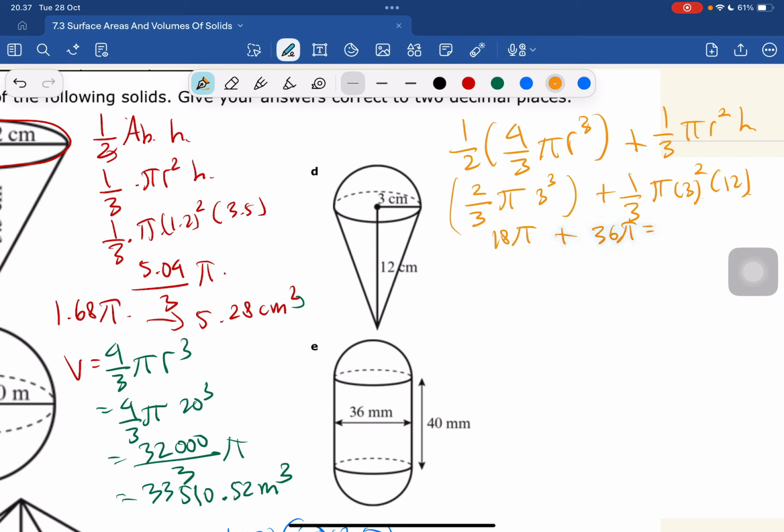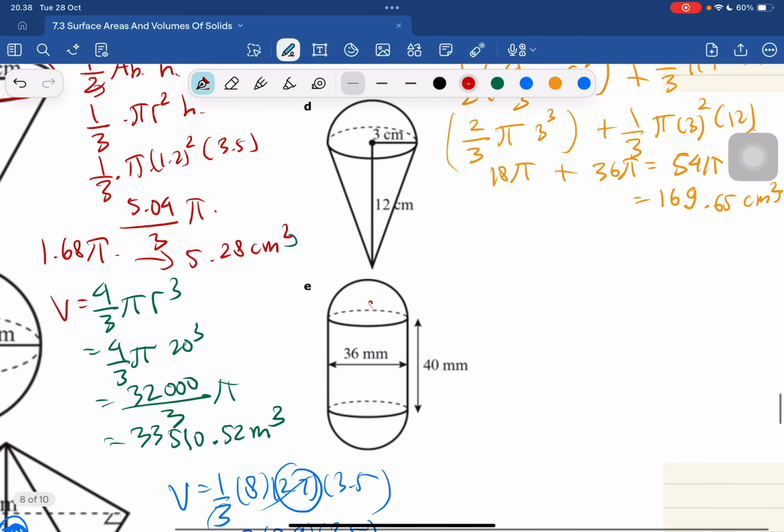So we got 18 pi, we will add it with 36 pi. It will be 54 pi. So 54 pi equals 169.65 centimeters cubed.